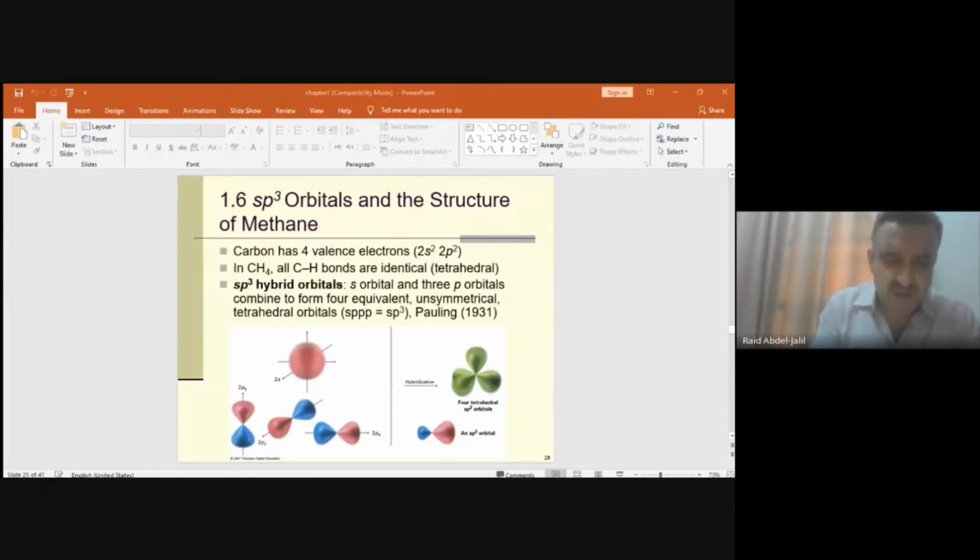Just to remind you: if the number of electronic groups around one atom is 2, the geometry will be linear, the hybridization will be sp, and the bond angle will be 180. If the number of electronic groups is 3, the geometry will be trigonal planar.